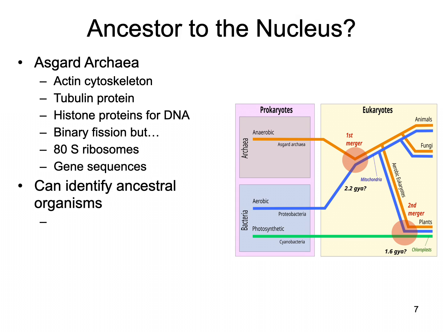They also have histone proteins for winding DNA. They do contain binary fission, but we also know of archaea that have linear chromosomes. So this may be linked to the beginning of mitosis. And of course, we have gene sequences that are common, and their ribosomes are more similar to the ribosomes in archaea than they are in bacteria.